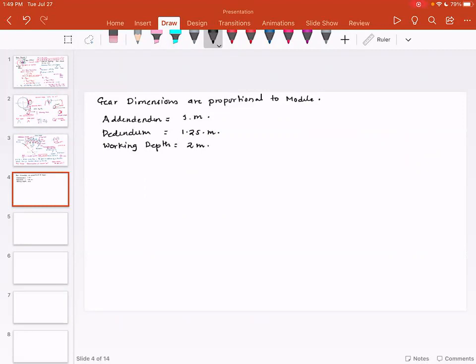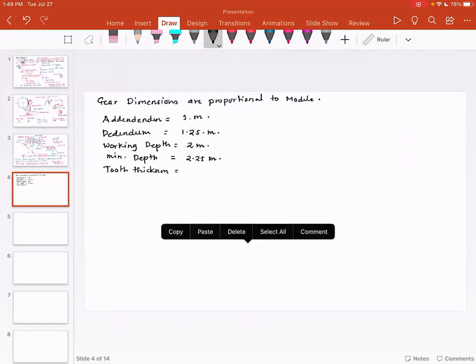Then minimum depth, so this is the lowest point on the tooth, is 2.25 times module. Tooth thickness is equal to 1.5 times module.